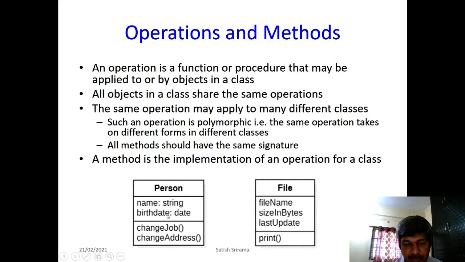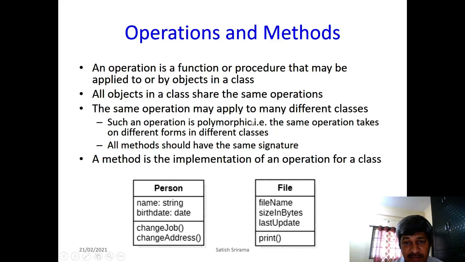Say for example, a person class can have change job as an operation, change address as an operation. All objects in a class share the same operations. So Satish Srirama as a person object will have the same operations, and another person, say for example XYZ, will also have the same operations.